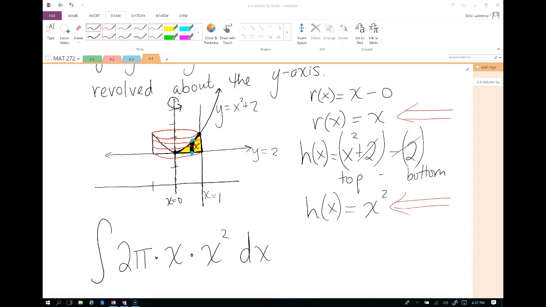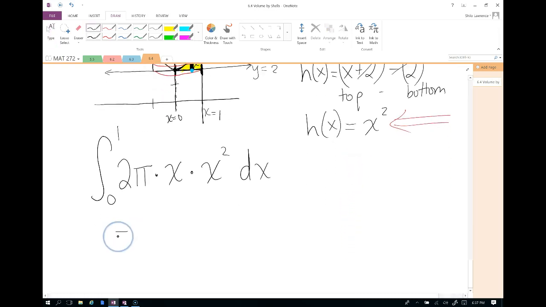Our axis of revolution is the y-axis, so we're writing everything in terms of x, and that is going to include our limits of integration. Those have to be x values as well. So look to see how far to the left the region goes, and that's 0, and how far to the right the region goes, that's 1. So we're going to be integrating from 0 to 1.